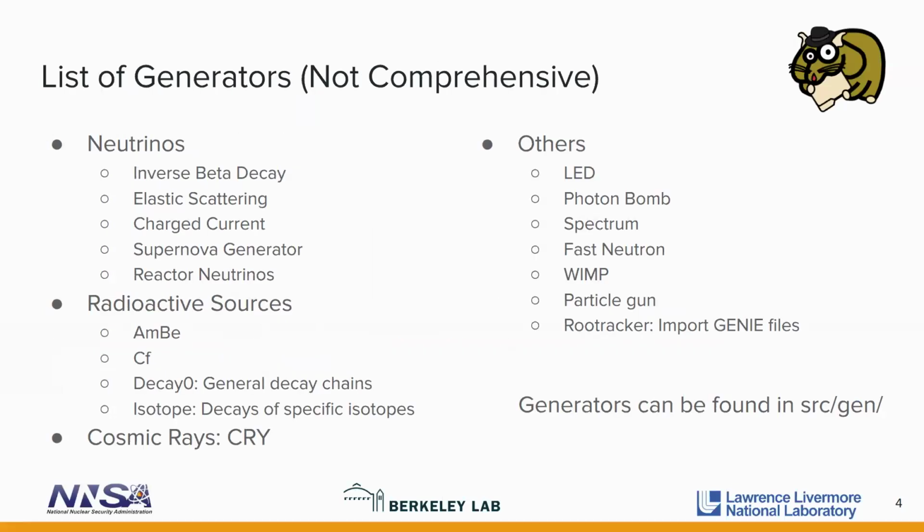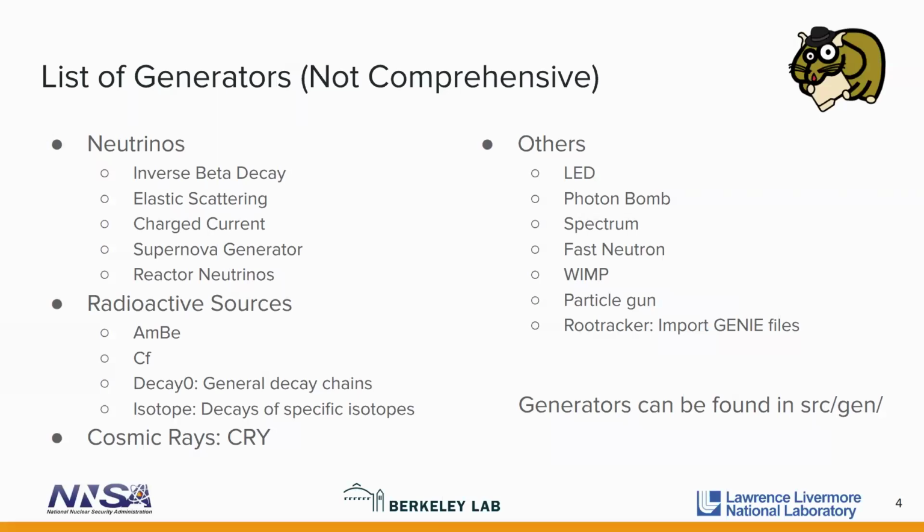So here's a list of some of the generators that are available in ratpac. I don't think this is all of them, but you can see we have a whole bunch of different generators for different neutrino interactions, inverse beta decay, elastic scattering, others for radioactive sources, calibration sources like the americium beryllium source, or just general decays of whatever isotopes you may be trying to simulate in your detector.